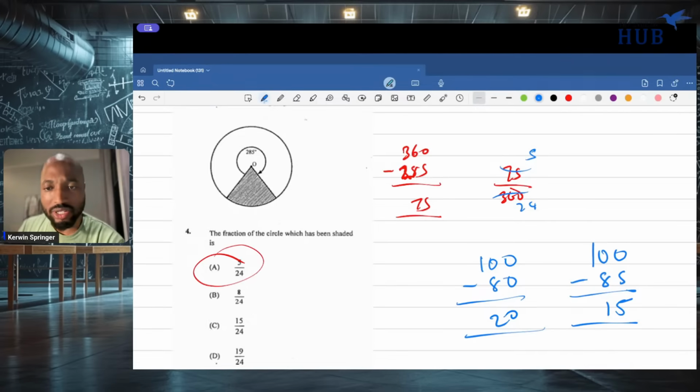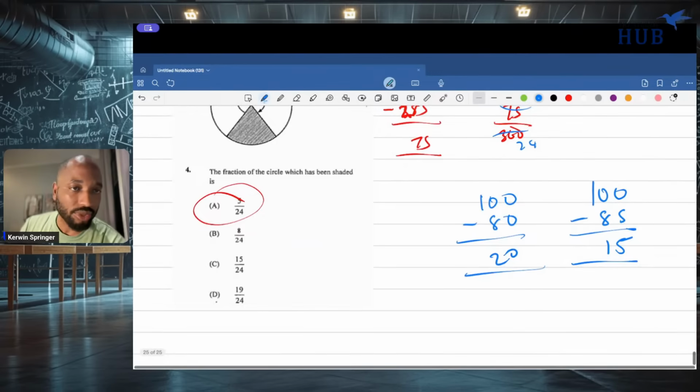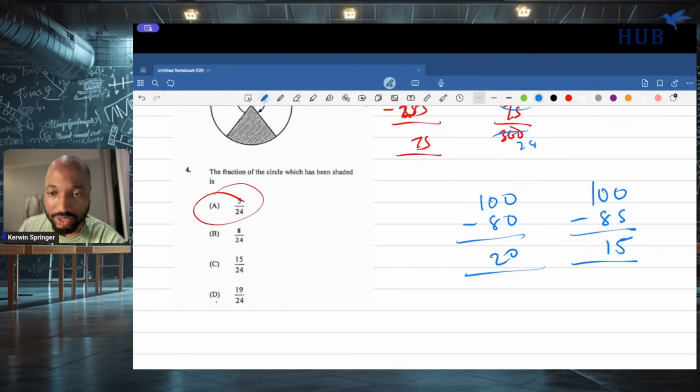Are they trying to make me break the laws of mathematics here? So yeah, 15 plus 60 is 75. So 75 over 360 is 5 over 24. I'm done with this question. I'm ready to move on to the next question. 5 out of 24 is the answer.